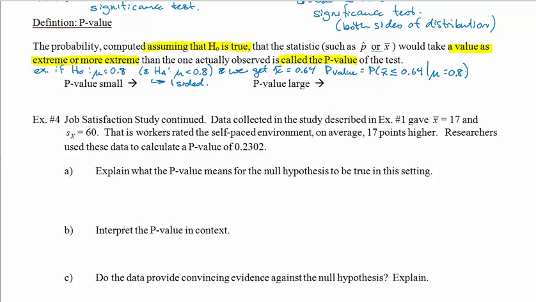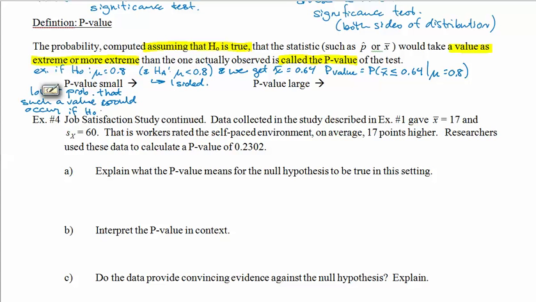If our p-value is small, in other words, we have a lower probability that such a value would occur if H naught is true.